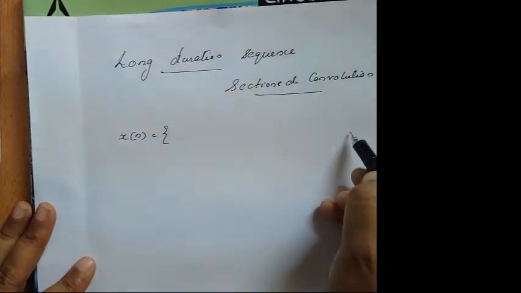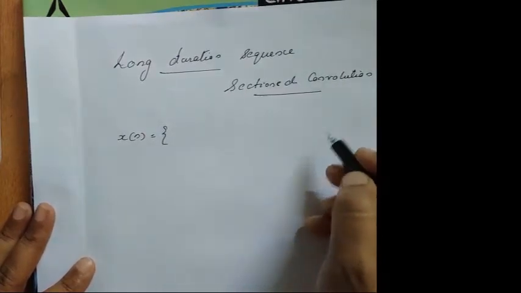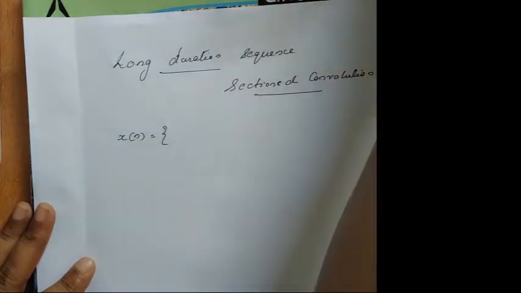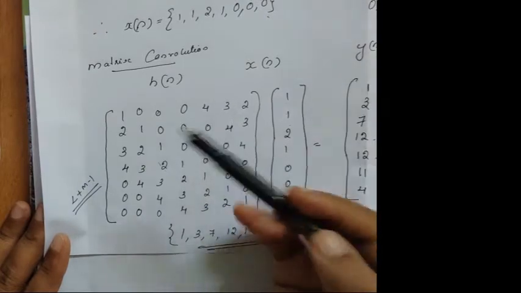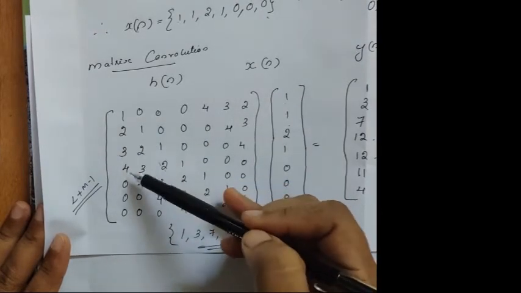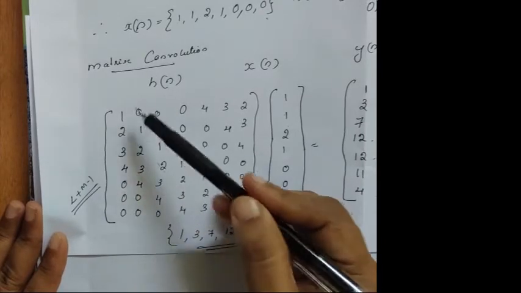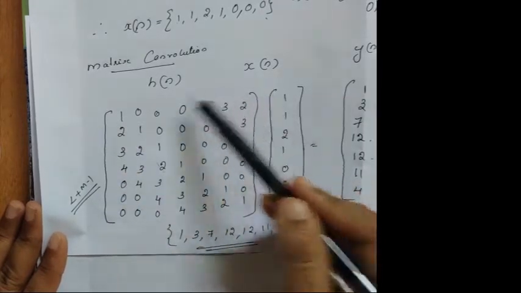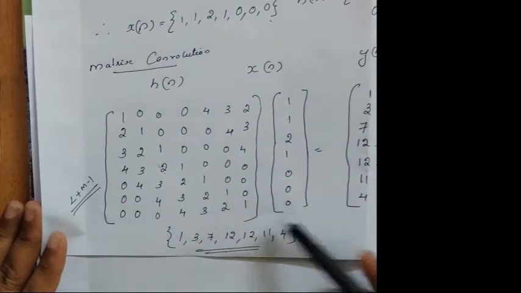long sequence, that means more than 4 or 5, we won't be able to do the matrix. In the previous class we have seen when we did a matrix convolution, if the length is 7, using the 7 longer convolution matrix, we had to take some more time.